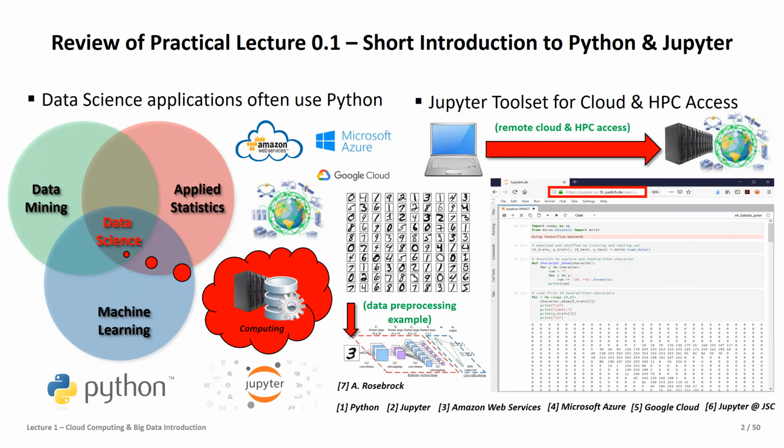But the last time we really talked about the aspect that if you want to access these clouds, then you need programming languages which are very popular in data science, which is Python. By far nowadays. In former times there was R, and you will still find R services, for instance, for statistics. You will find MATLAB instances for more applied mathematics.